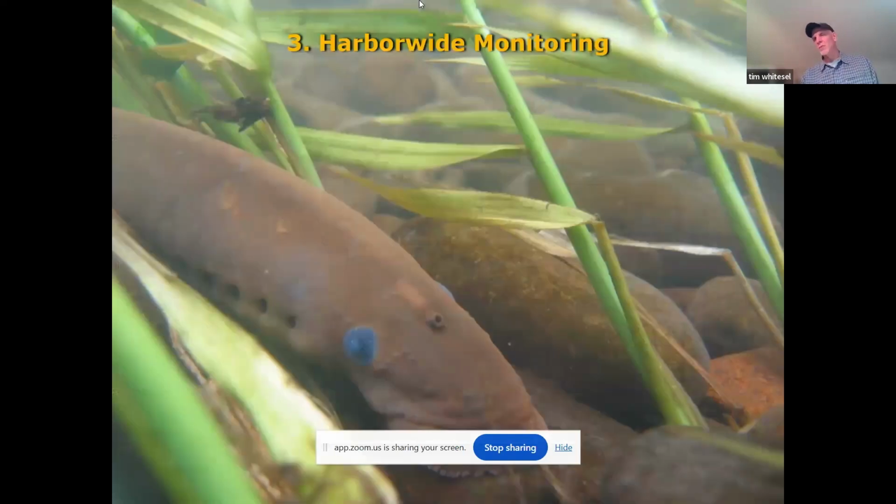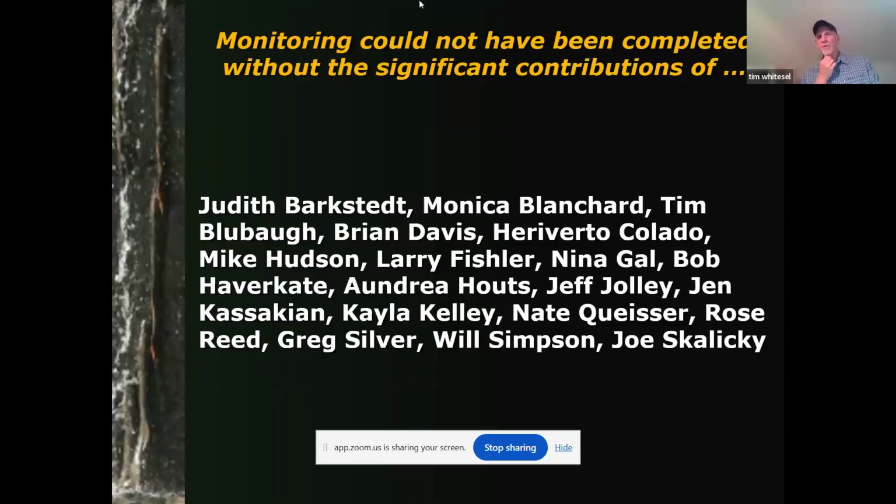All right, so a little bit of quick and dirty information on lamprey as a whole. Now, I was going to spend some time just focusing on the harbor-wide monitoring that we've been involved in relative to Superfund activities. A couple of quick things before we get into some methods and results. We've done a bunch of monitoring over the years. There are lots of people that have contributed.